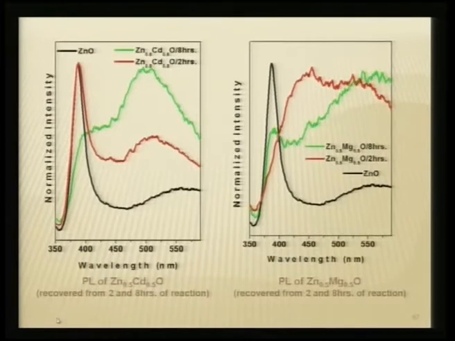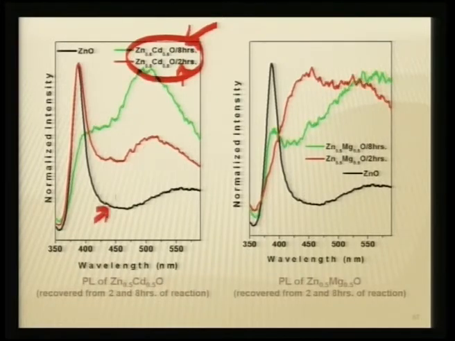If you take the 2 hour and 8 hour synthesized ones, where this one obviously shows no cadmium hydroxide impurity, whereas in this case it shows hydroxide impurity, you can clearly see this is your zinc oxide, and with more and more exposure to polyol, the defect induced emission is dominating compared to the band to band edge emission. So this clearly proves that the surface of your zinc oxide rods is very critical, and the same is true for the magnesium doped ones.